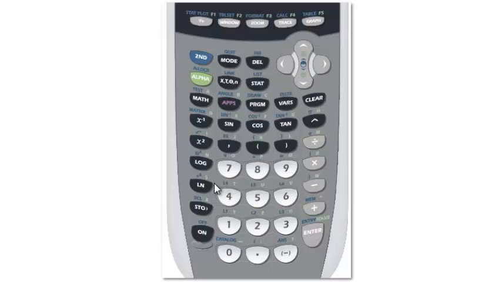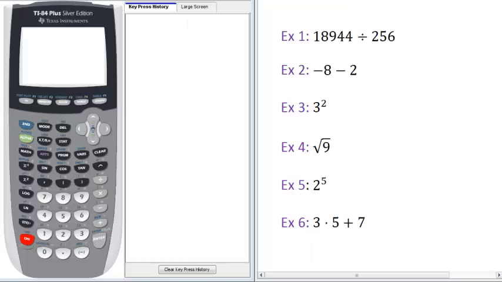Now that we've seen how the calculator is set up, let us actually start to use the calculator. I have a calculator over here on the left, and we're going to use this calculator to do all 6 of these examples on the right. The first thing we need to know is how to turn the calculator on and off. To turn your calculator on, you push the on button, which is on the very bottom left of the calculator.